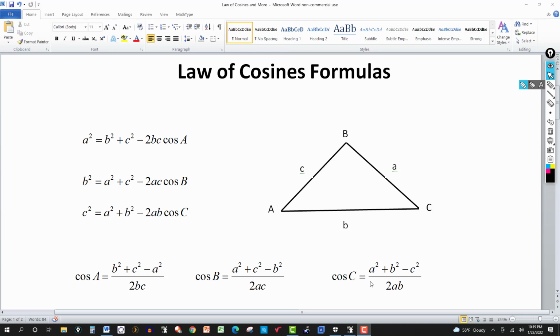The example I'm going to do today is one where they give you all three sides of the triangle. Remember, to solve a triangle means to find the measure of all the sides and angles that are not given. Also remember that the sum of all three angles, A, B, and C, always has to add up to 180, and the angle with the largest measure is always opposite the longest side.